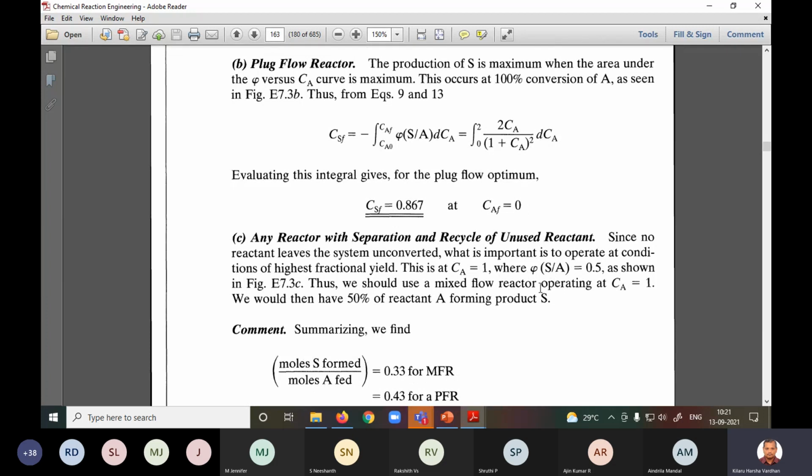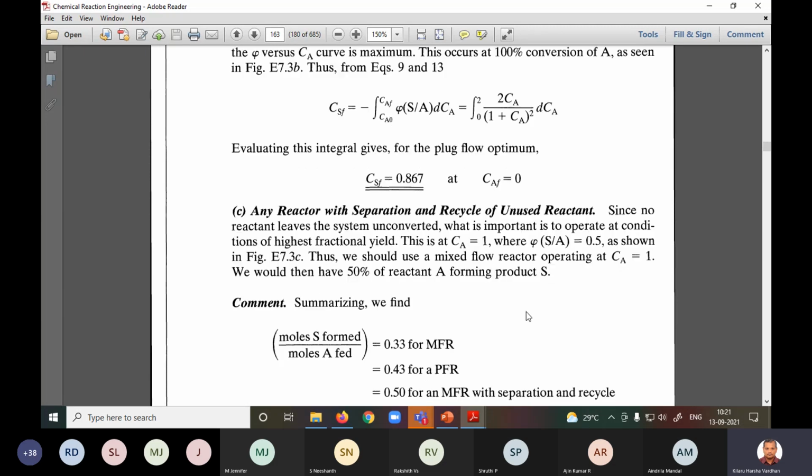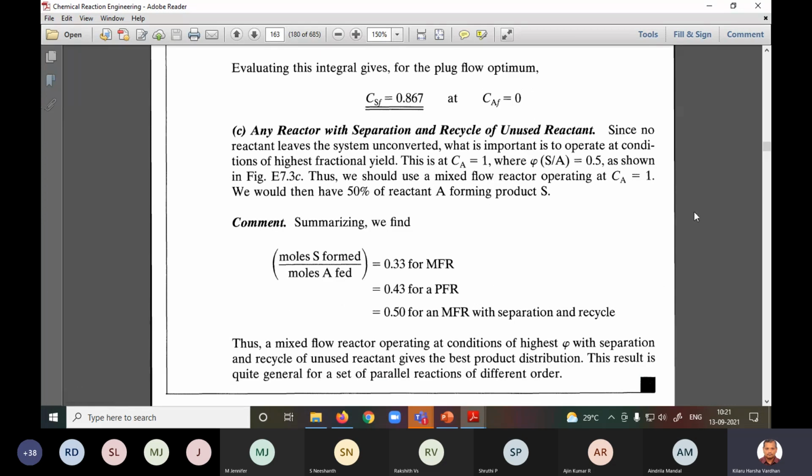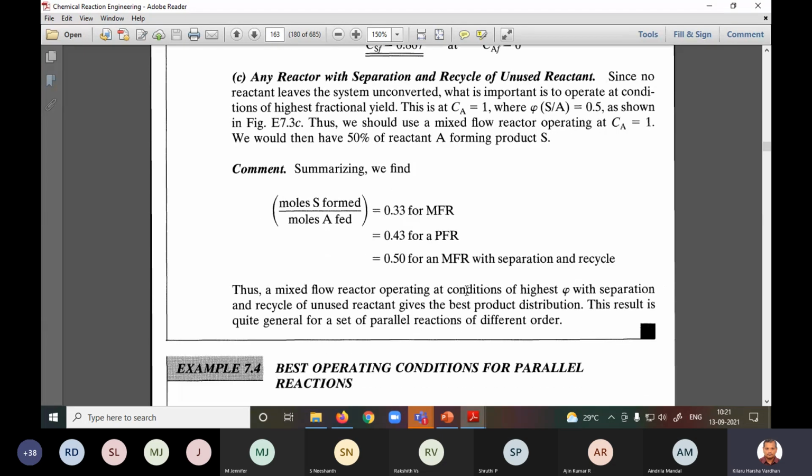Then we can use a mixed reactor operating at Ca 1 and leave 50% of A forming the product S. So here, if you see the entire thing, moles of S formed by moles of A fed is 0.33 for the MFR, 0.43 for a PFR. And if you are using any recycle stream, especially for a MFR, you can get 0.5 concentration of S, right? So a mixed reactor operating at conditions of highest phi with a separation and a recycle will give you the optimum value of S, that is the desired component, right?